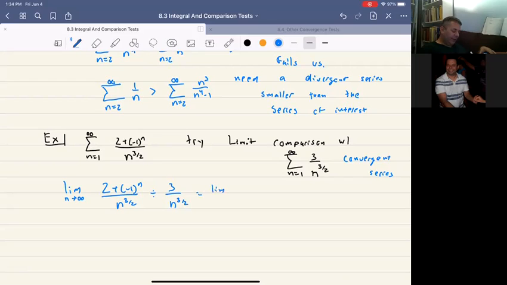That's the limit as n goes to infinity of 2 plus negative 1 to the n over 3. That doesn't have a limit. Negative 1 to the n keeps flipping sign, so this keeps oscillating between 1 and 1/3. So no limit. So our limit comparison test fails.